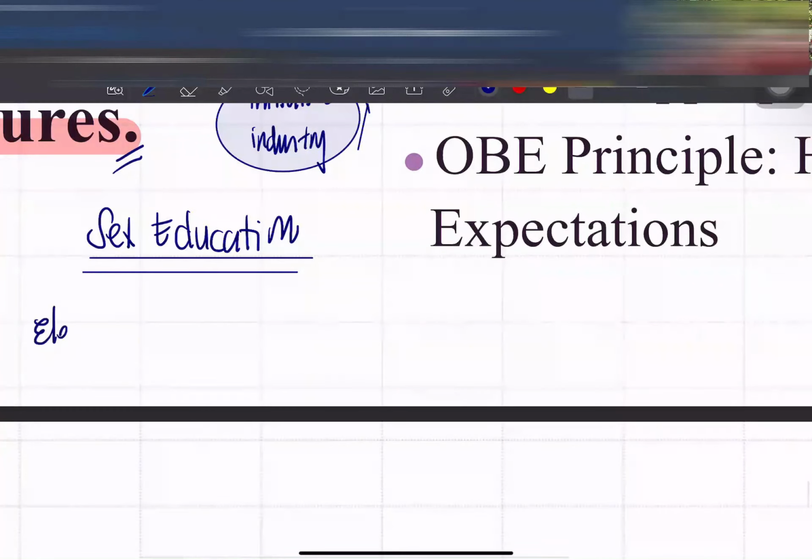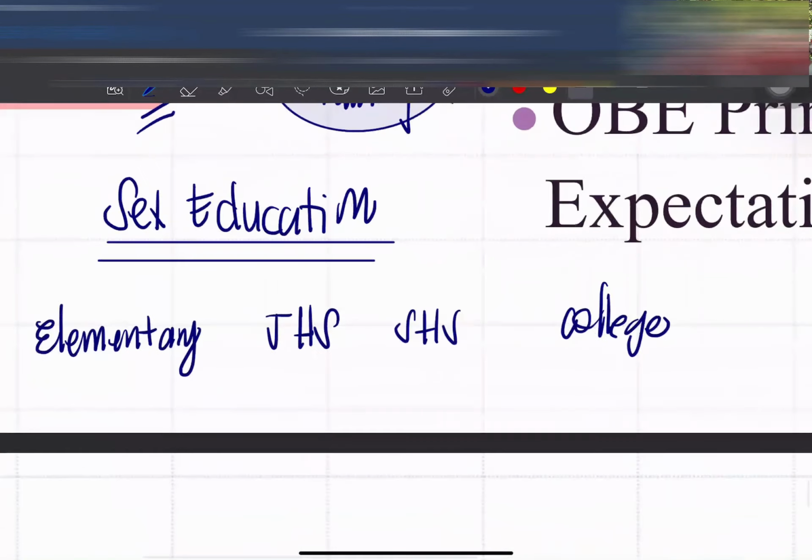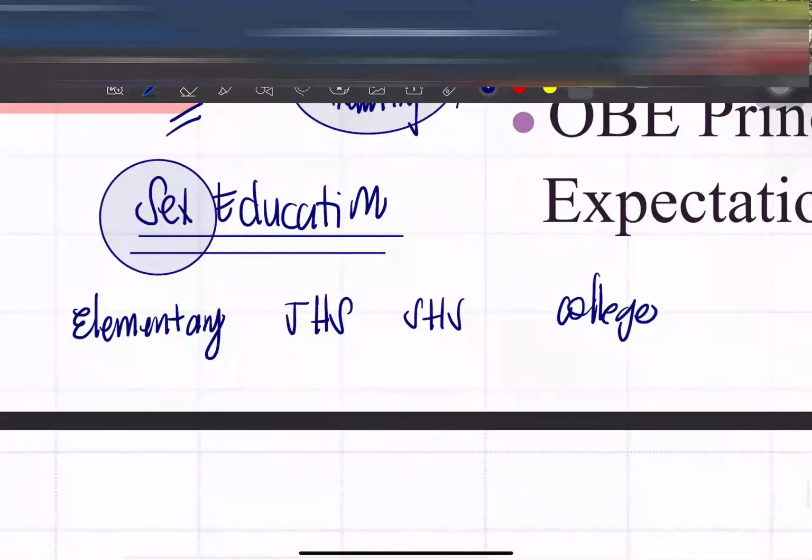Sex education is introduced as early as elementary. Okay? And then class, it would be followed through high school, from the junior high school, senior high school, tsaka papuntang college. Now, when we talk about sex education kasi guys, it does not actually mean that we will be talking about sex. It does not actually mean that we will be talking about condom.